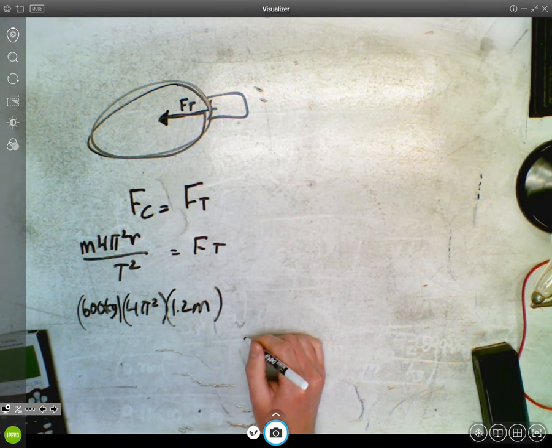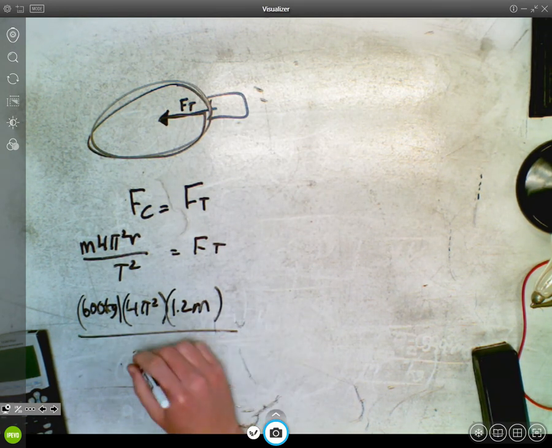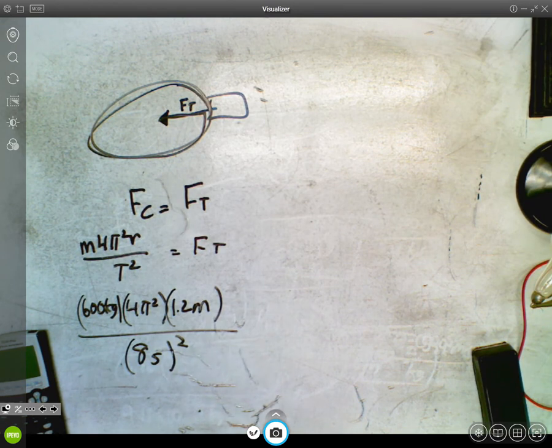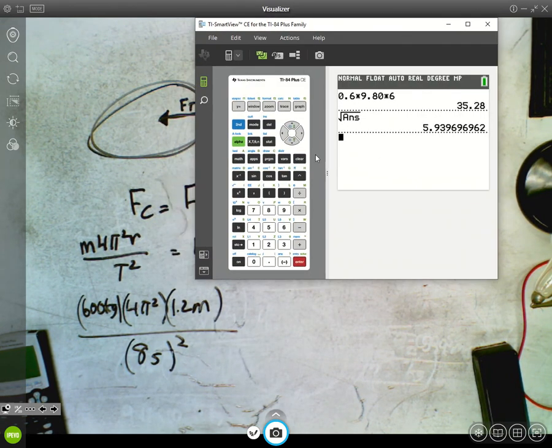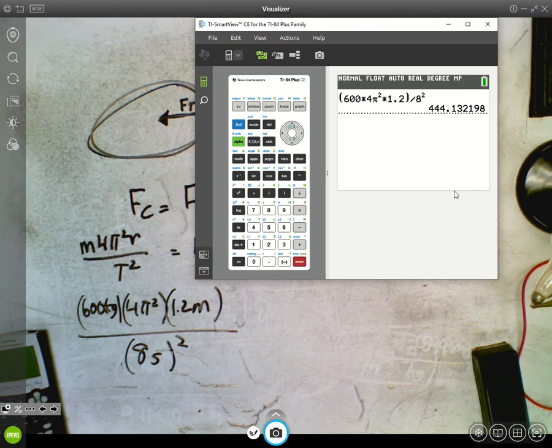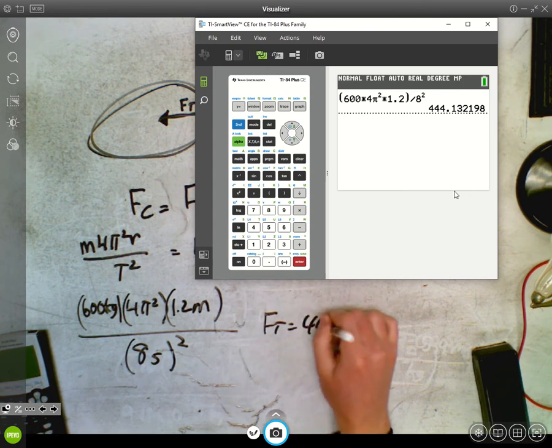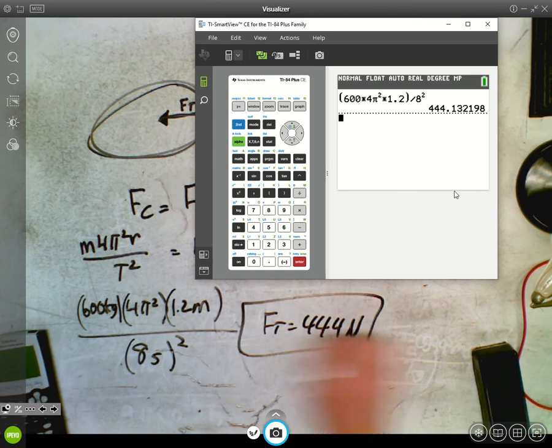So 1.2 meters, and then our period is 8 seconds, so we have to square that as well, and that's all we have to do. So we would just go 600 times 4 pi squared times 1.2 divided by 8 squared, and you get that as your force of tension. So your force of tension has to be 444 newtons to make it move in a circle like that.